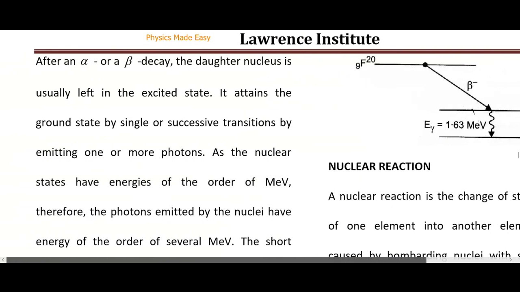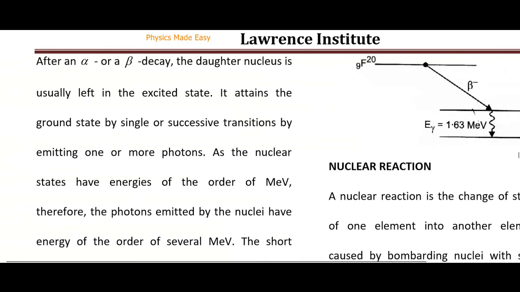Now, after emission of alpha or beta decay, daughter nuclei is usually left in excited state. It attains the ground state by single or successive transition by emitting one or more photon.